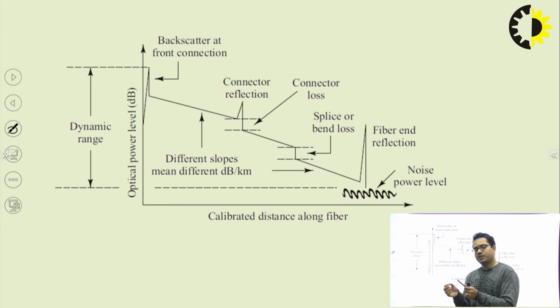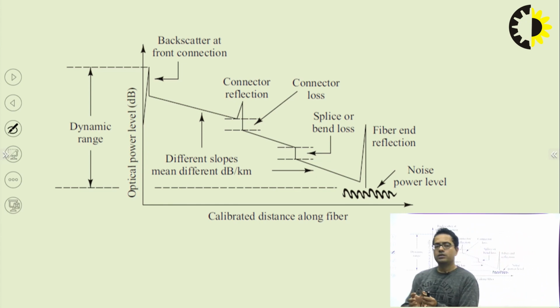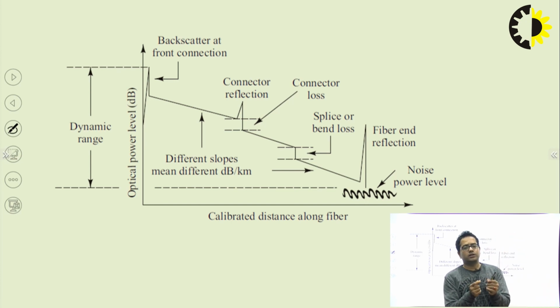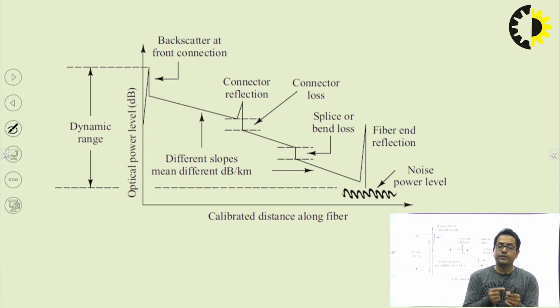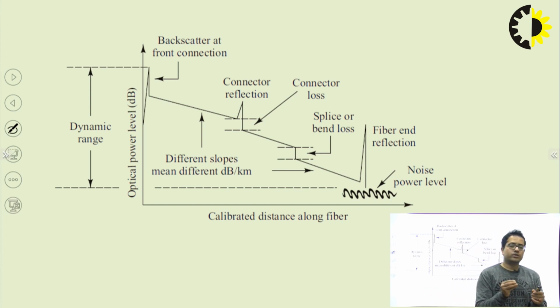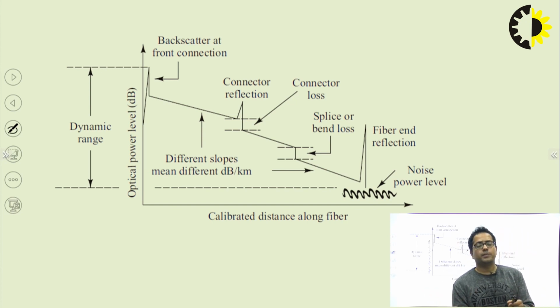That splicing process also leads to some loss, because if the splicing is not done properly, because of imperfection or some man-made fault, you can introduce some optical loss.